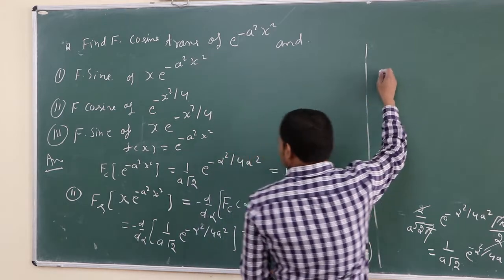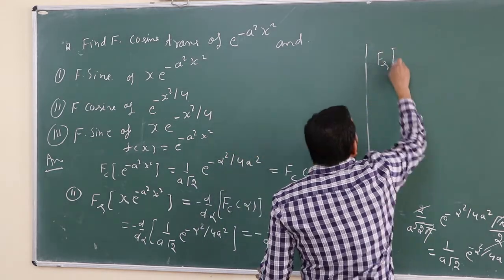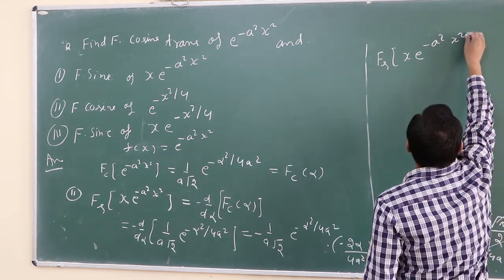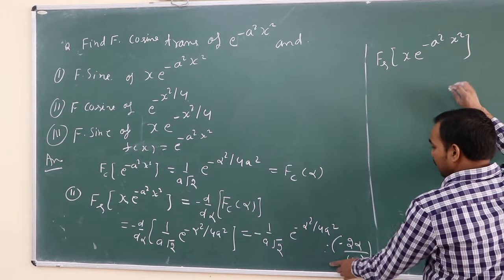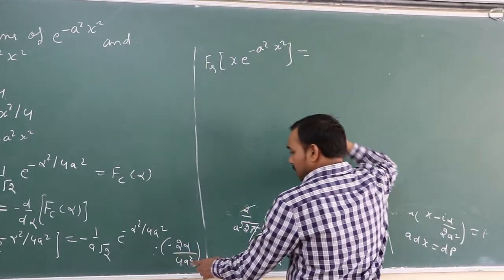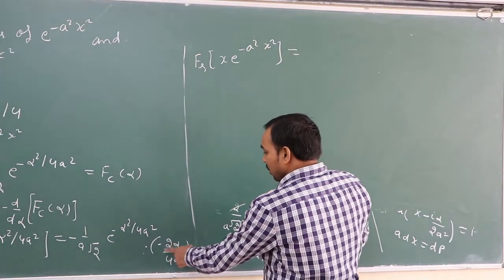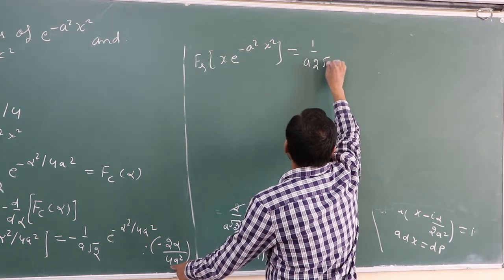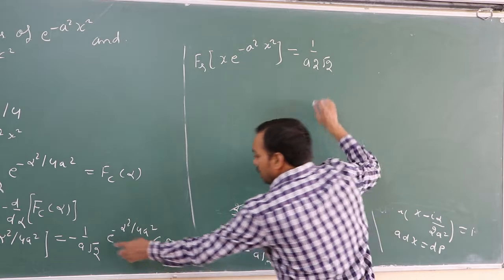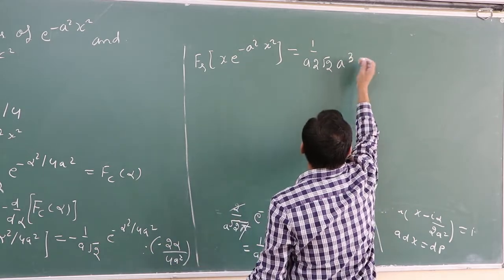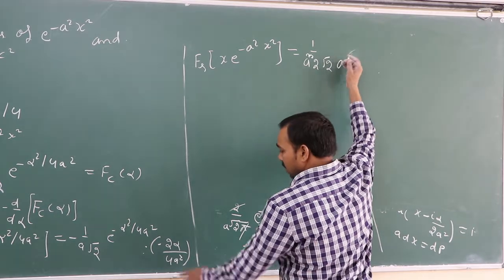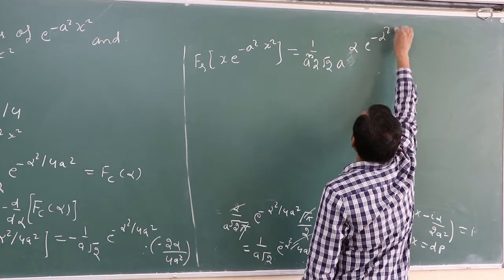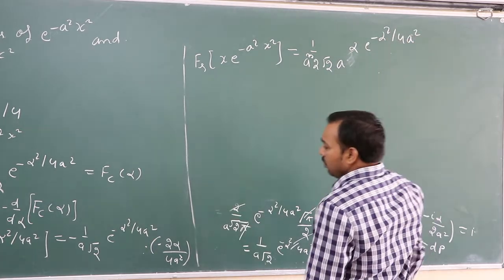So we say that f s of x e to the power minus a square x square equals, the minus cancels out, so we can write 1 upon 2 under root 2 and a cube, alpha e to the power minus alpha square upon 4a square.